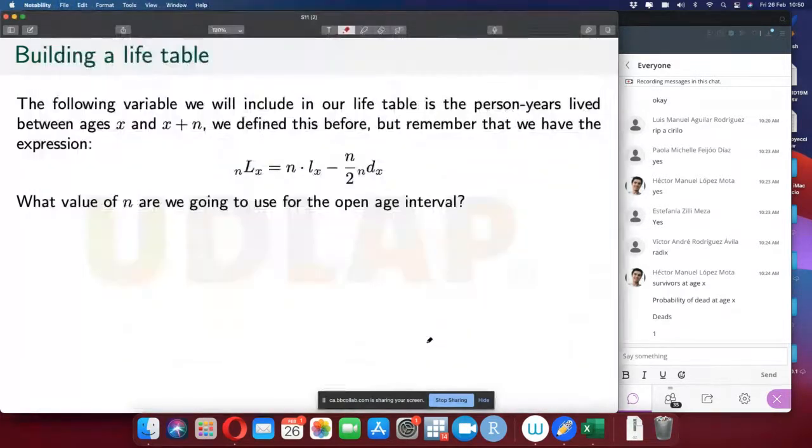I just need to think, what expressions do I have where I don't need the value of n? Even if I use the other expression that I had before, I have the same problem. I need the value of n here and here in order to estimate this. So this is not working.